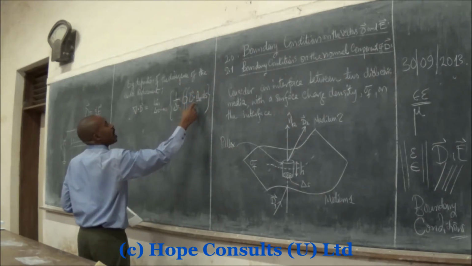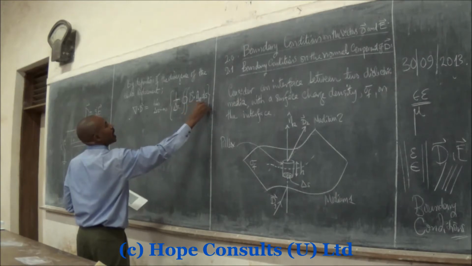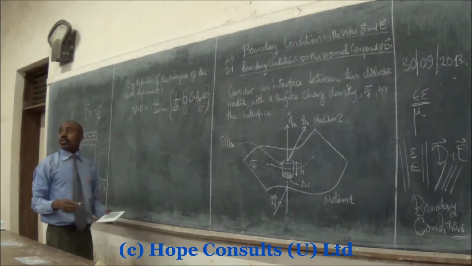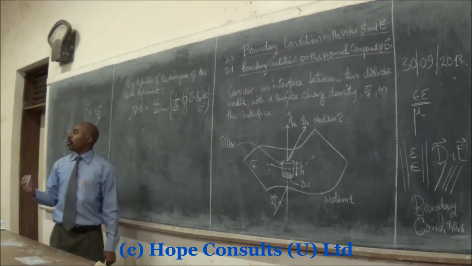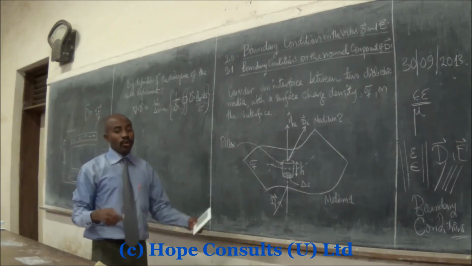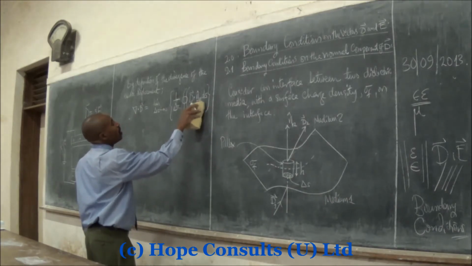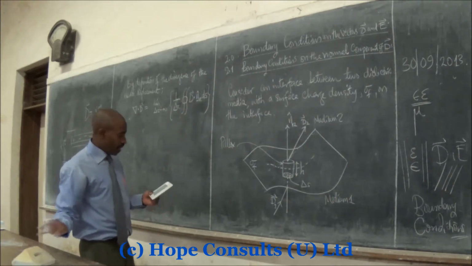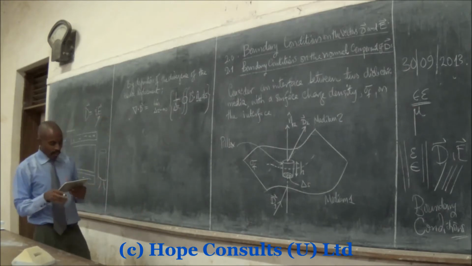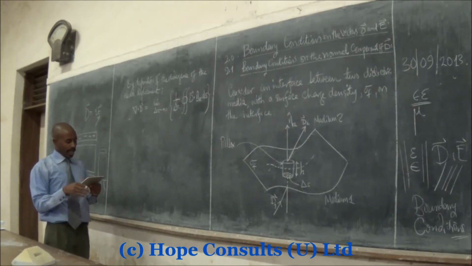Of course, in some books you'll find that this can be represented as dS. But because we want to show where the normal unit direction vector is coming from, we just leave it as n12 cap dS.